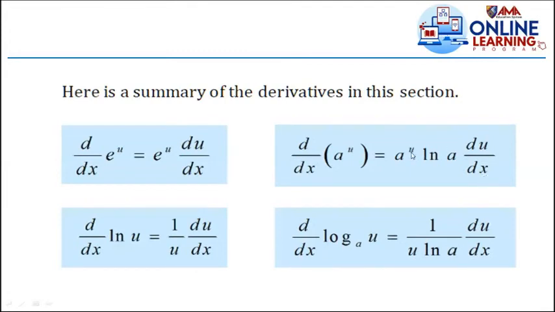Which means, again, look for the value of u and then find the first derivative, because we're going to multiply it here. So these are the two formulas for the derivatives of exponential functions.